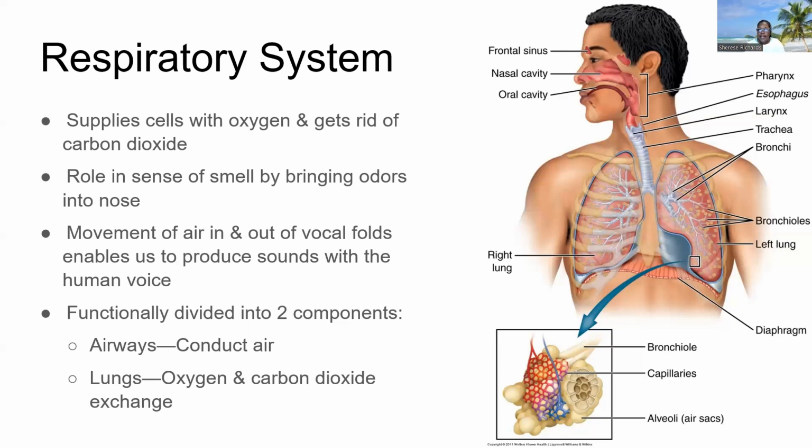Now we can divide the respiratory system into two compartments. The airway, from the nasal cavity and oral cavity, all the way down to the lungs, is really considered the conduction zone. This is mainly what we call the dead space zone because there isn't any exchange of oxygen or carbon dioxide happening.